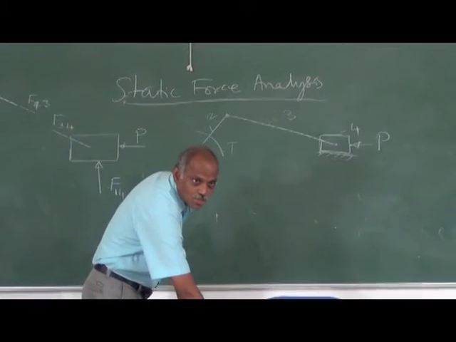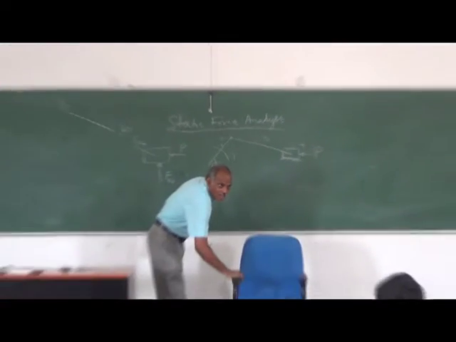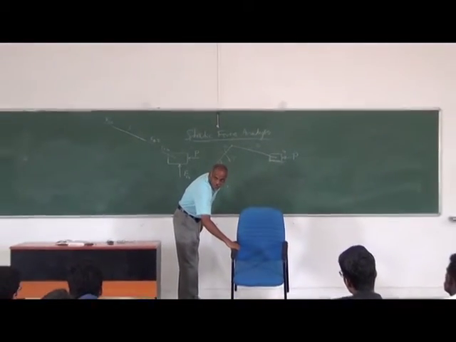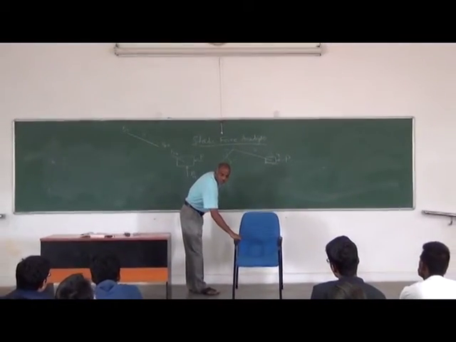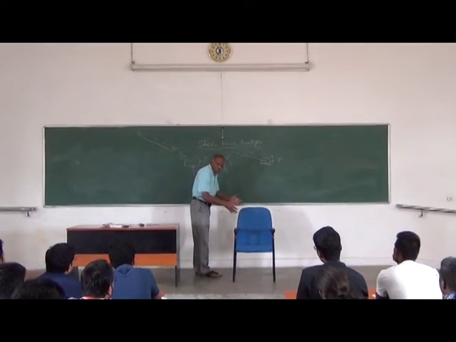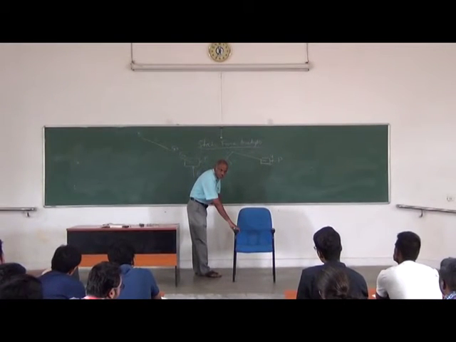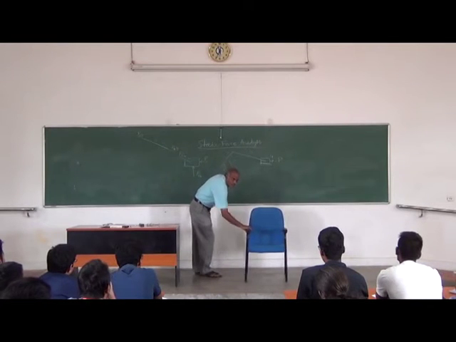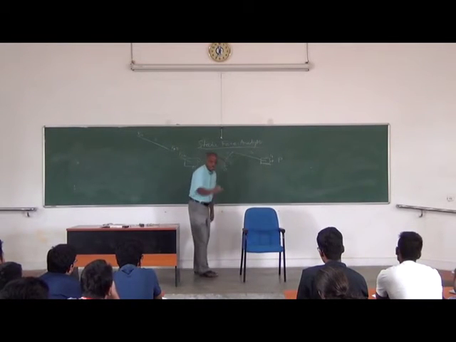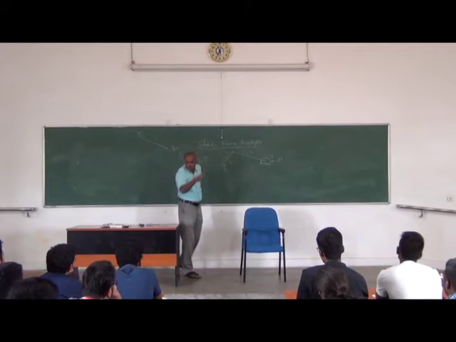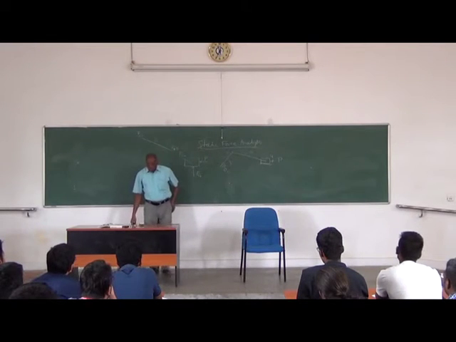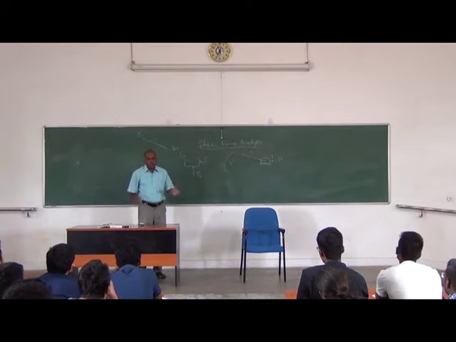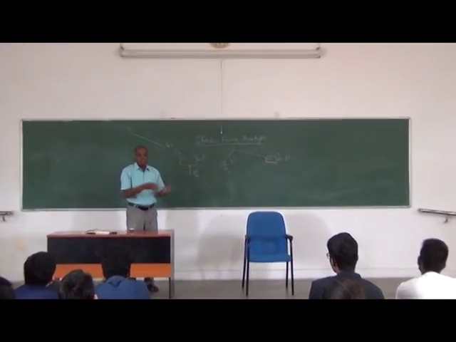I can apply a force as well as I can apply a moment. Okay? So there are two bodies which are connected. The connection can transmit force as well as moment. So I can twist something and also push. So there is a possibility for a connection to transmit both forces and moments.